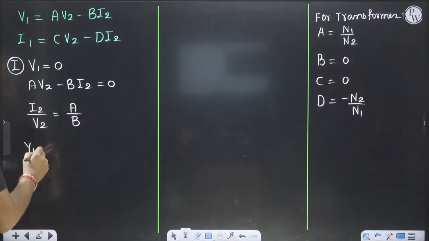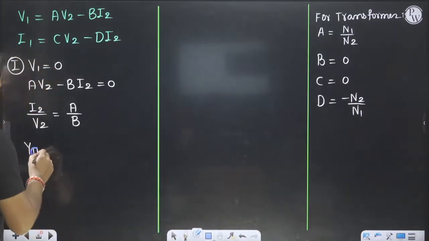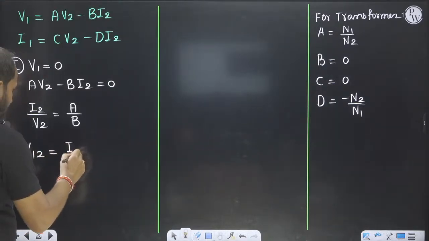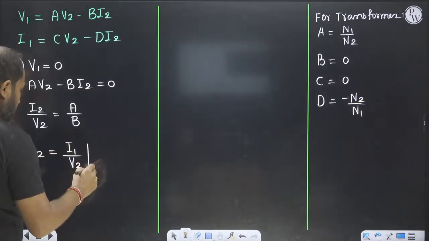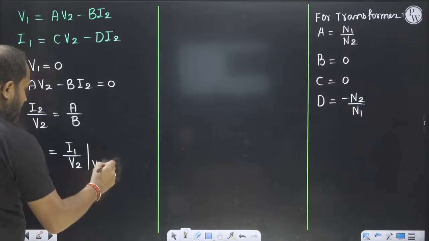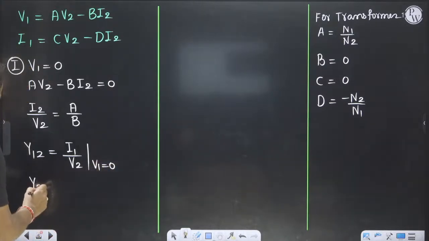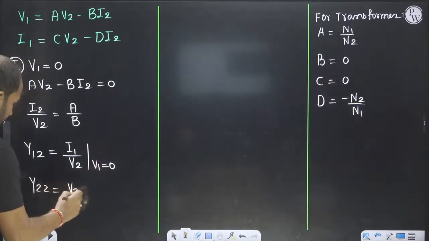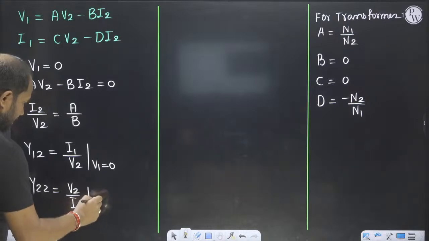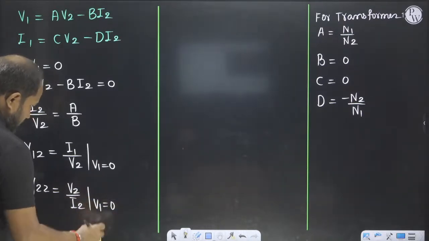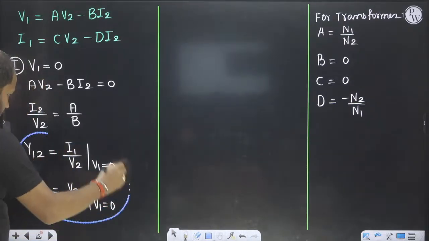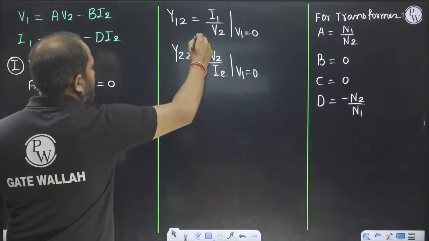Then Y12 is I2 by V2 with V1 equal to 0, and Y22 is V2 by I2 with V1 equal to 0. I will use this concept.